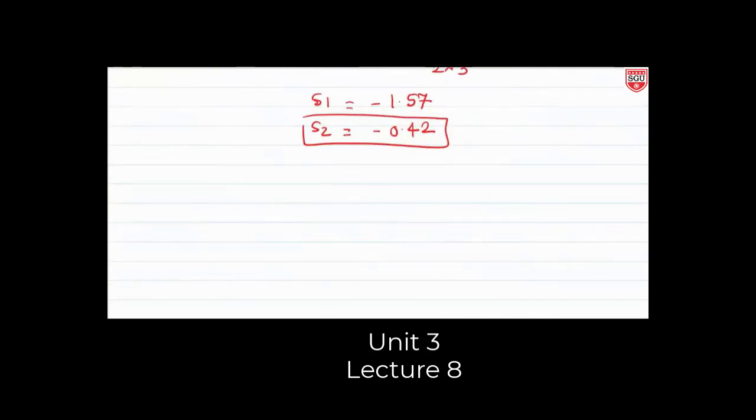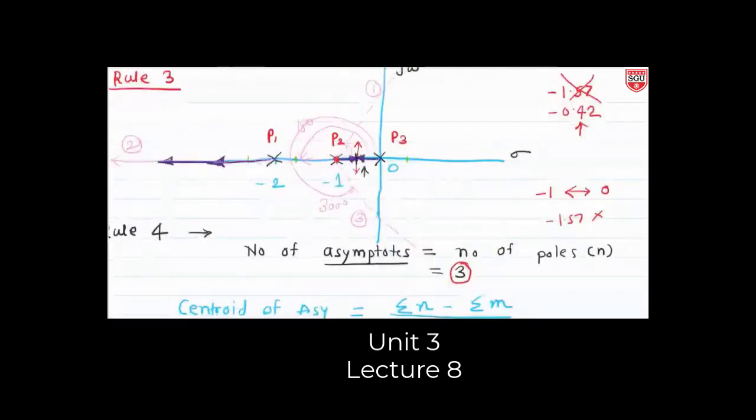Then we have to find out the important point, that is the intersection of the locus with the imaginary axis. What will happen now here in this problem? Here let's say 0.42 is there. From this 0.42, branches will leave the real axis and they will cut somewhere the imaginary axis.